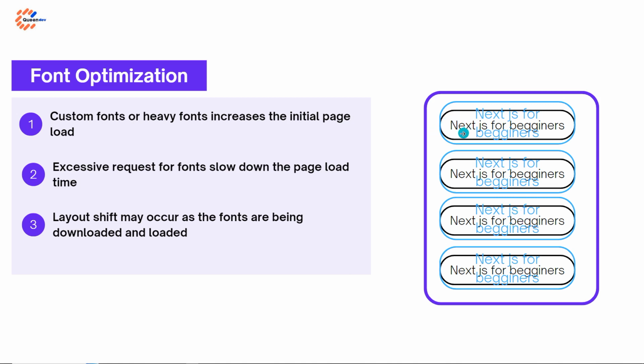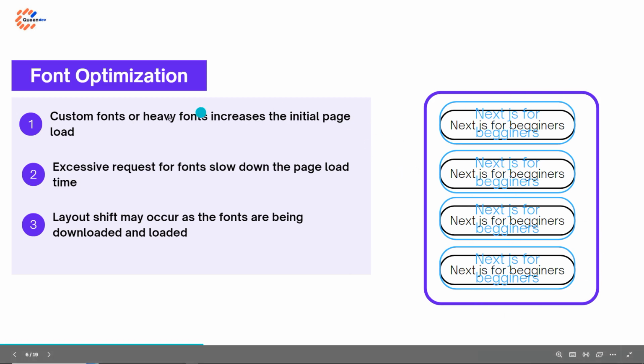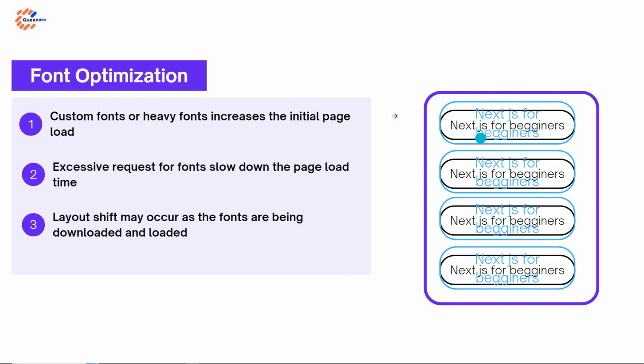That fallback font may have a smaller typeface, and the custom font which you are importing might be bigger or even smaller. So it can mess up the whole structure of your application while the fonts are being loaded, and it can cause a shape like this. This will annoy users, and all of this affects our SEO and the load time of the application in general.